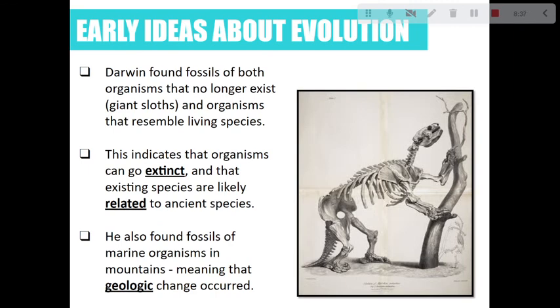Darwin found fossils of both organisms that no longer exist, such as giant sloths, and organisms that resemble living species. This indicates that organisms can go extinct and that existing species are likely related to ancient species. Now, he also found fossils of marine organisms in mountains, meaning that a geological change has occurred.